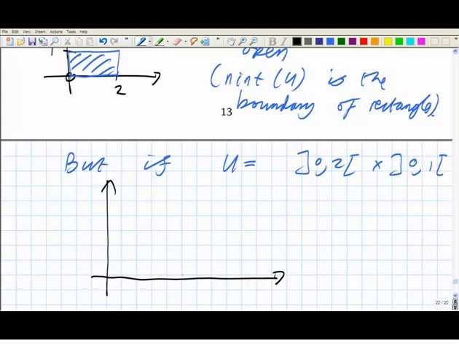Whereas if you do the open interval, the open rectangle, sorry, so if U is equal to the open interval 0, 2 cross the open interval 0, 1, then you get a different picture.